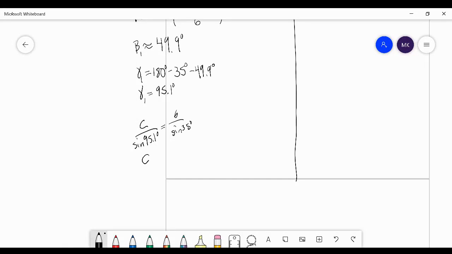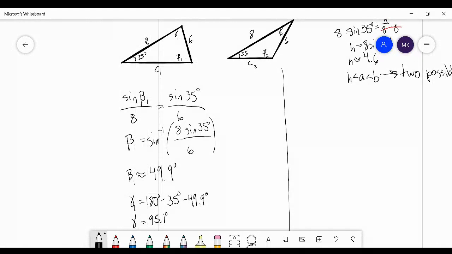So we end up with C equals 6 times the sine of 95.1 degrees over the sine of 35 degrees, which is approximately equal to 10.4. And if we come back up to our triangle, that makes sense. Even though this isn't to scale, C definitely looks to be the longest side.